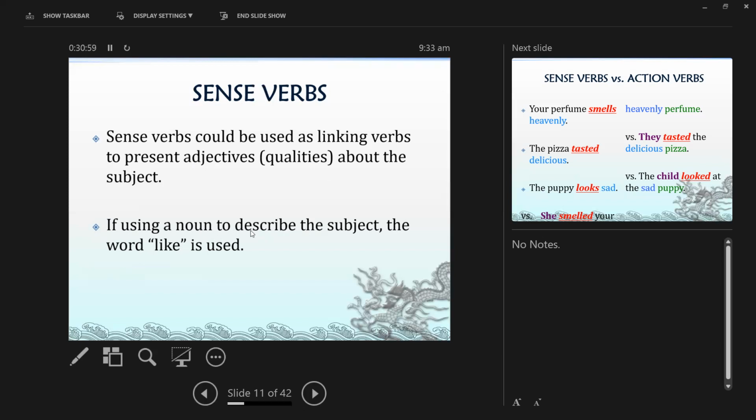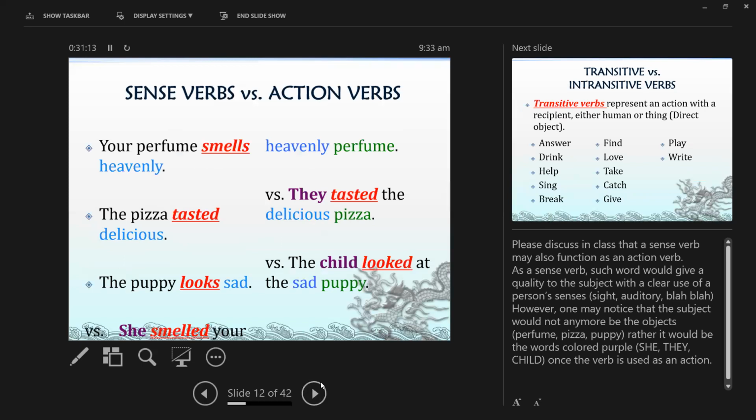If using a noun to describe the subject, the word like is used. Let's look at some examples so that you can differentiate between sense verbs and action verbs. First example, your perfume smells heavenly.